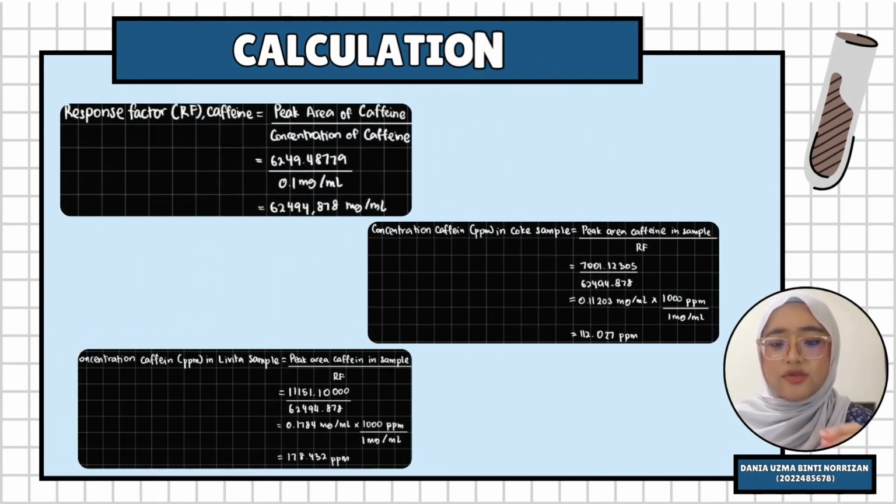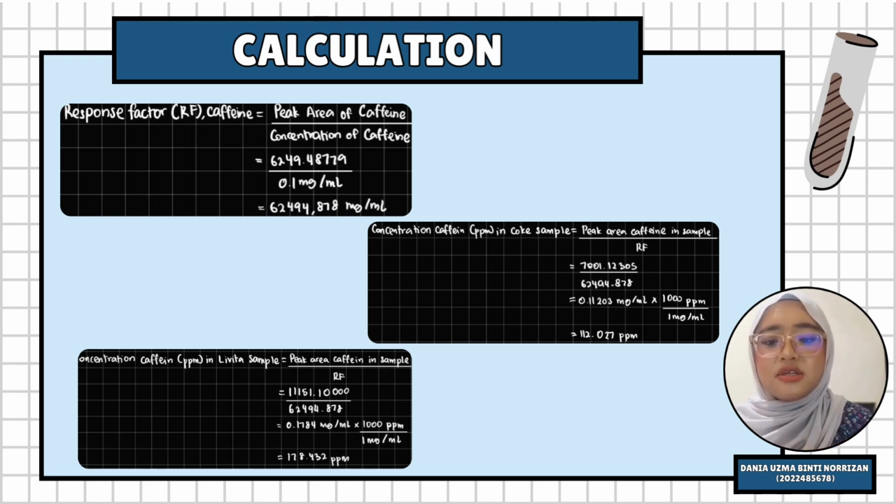In this slide, we're going to see the calculation of the response factor of caffeine, the concentration of caffeine in the Coke sample and also in the Levita sample in ppm. So for the response factor here, we got 62494.878 milligram per milliliter.